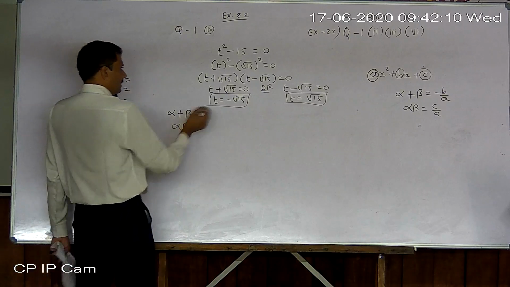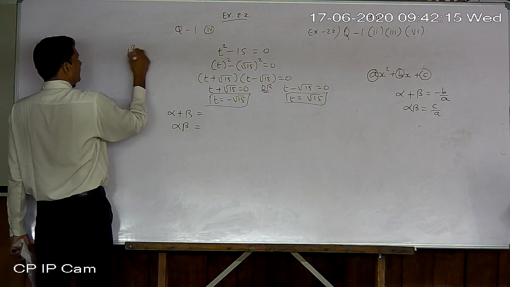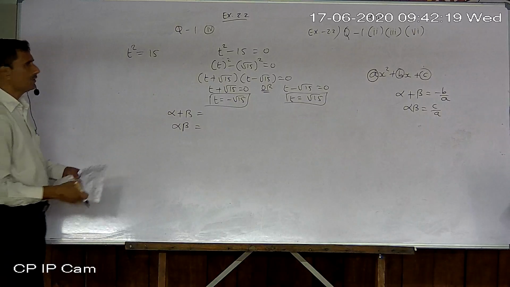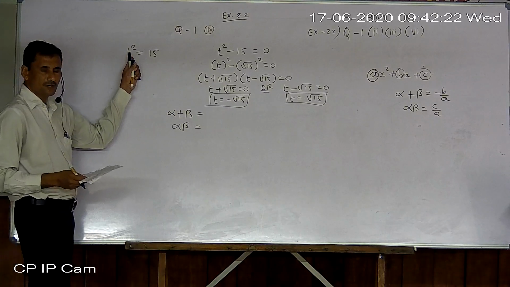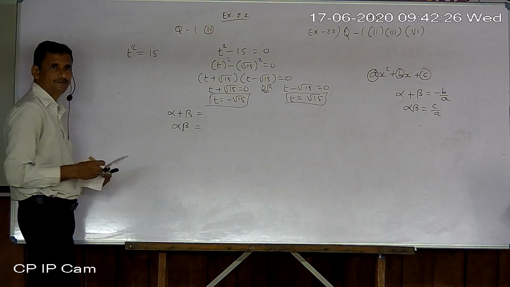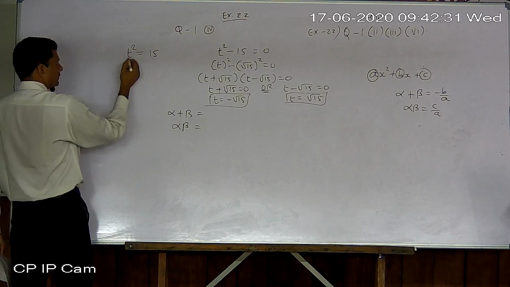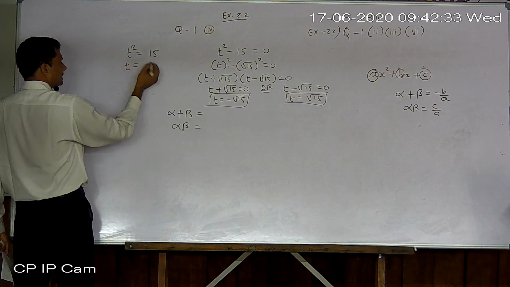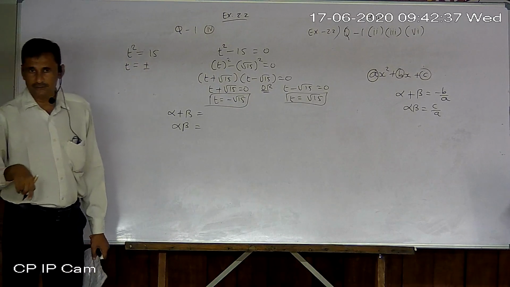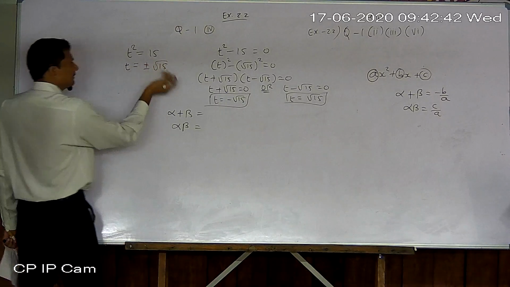Now one another way also. If two terms are there, then you can make t the subject. Just move that 15 to the other side, but this is not advisable. In earlier work you can also do it this way. Now take the square root of both sides, because we want t. The square root is always positive or negative, so there are two possibilities: either plus root 15 or minus root 15.